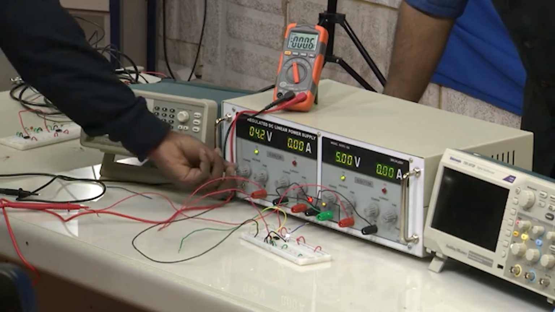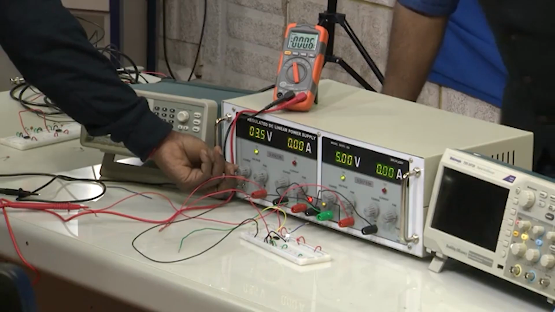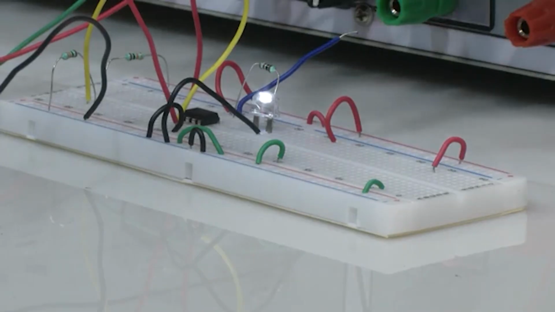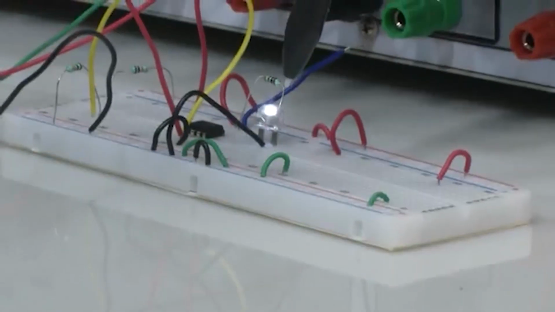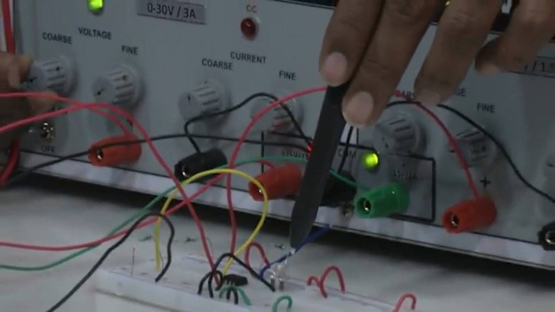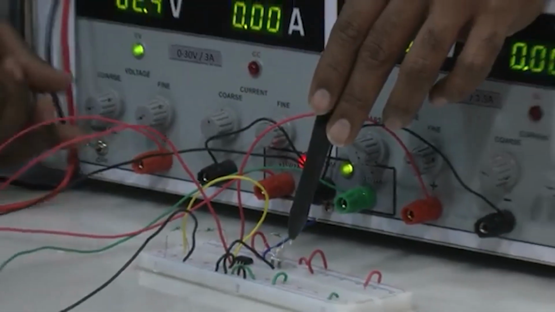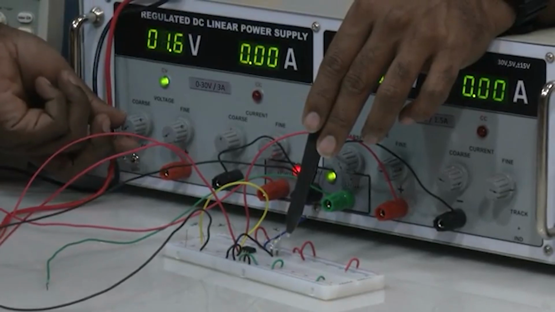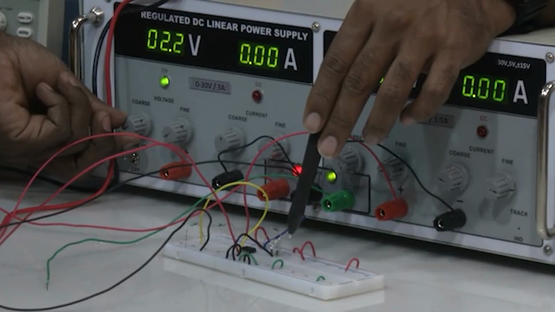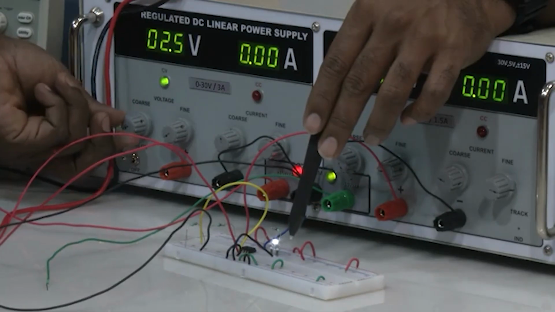So, let us slowly decrease the voltage and you focus here on the LED and you will see that at a certain point, if you keep on decreasing, it stops. First point is 2.4, you see. Now 2.4, can you make it again 2.5, 2.4 to 2.3, 4 and 5, excellent.